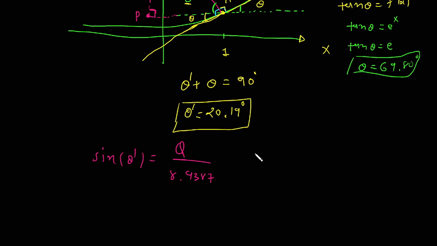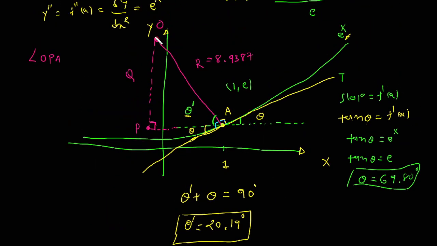Now if we solve for the value of q, let's do it quickly. So we are getting q as 3.085, but now we need the y coordinate of this point O. So now we are actually at this point and we are measuring this distance from P to O, but we need the distance from this origin to locate the center of this circle, which is located at this point O, and we have to find the value of x and y.